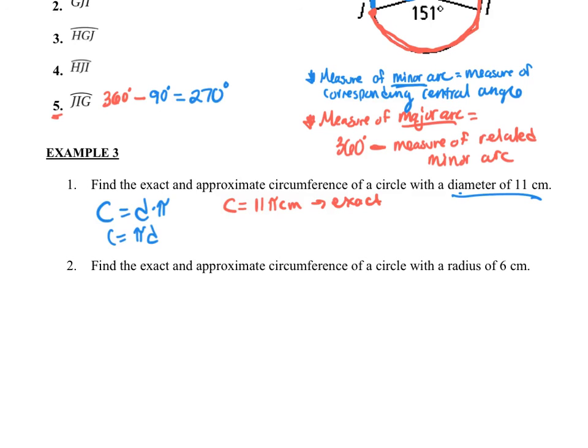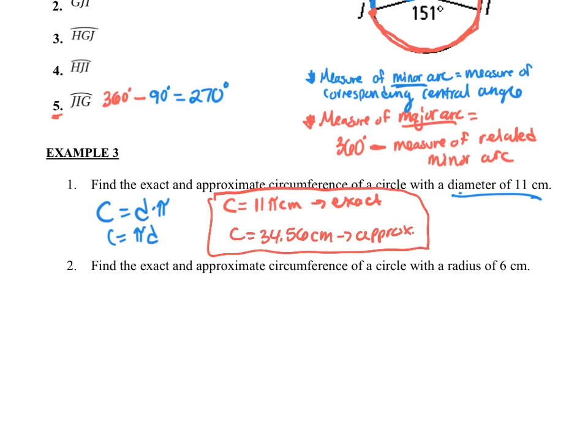So 34.6, we'll round to the nearest tenth, so 34.6 centimeters. And that again is the approximate. So if you want exact, you have to keep pi. If you want the approximate, you'll type pi into your calculator to get that decimal approximation.